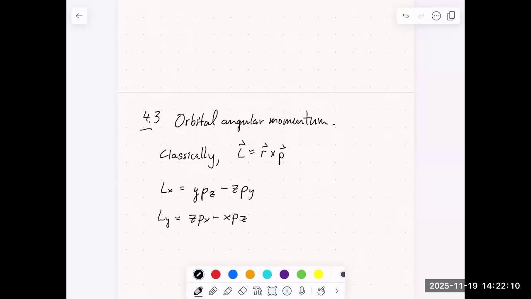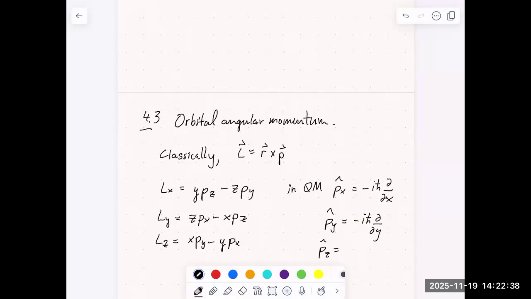So I'm just writing out the components of the orbital angular momentum in terms of position and momentum variables. And in quantum mechanics, we're going to say Px is minus i h bar d by dx. Py is equal to minus i h bar d by dy. And Pz is equal to minus i h bar d by dz.